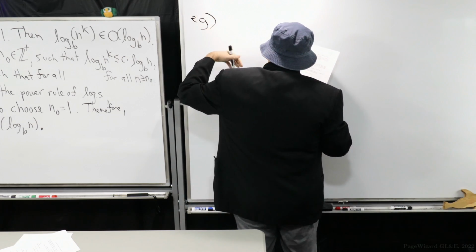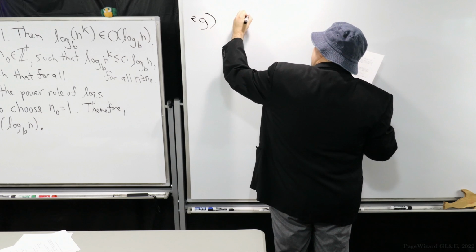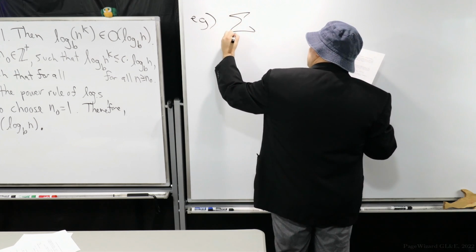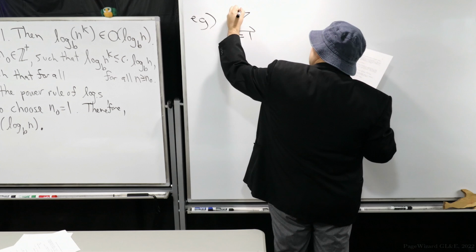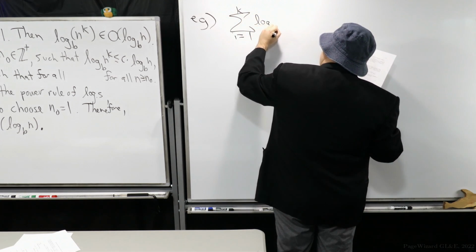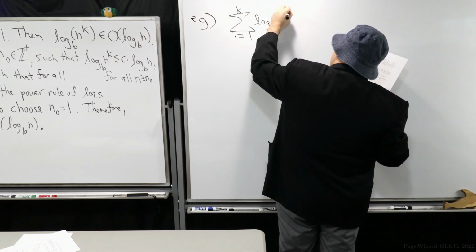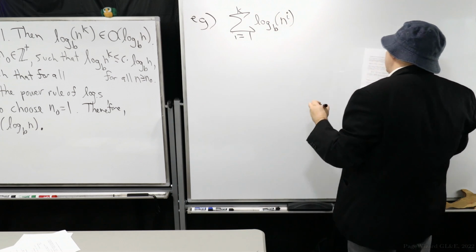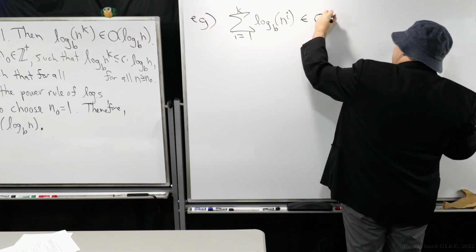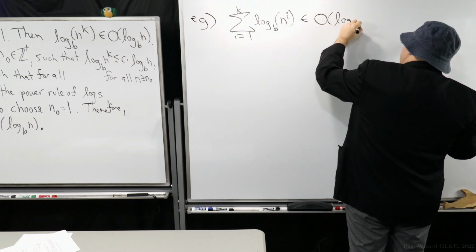Now keep in mind, this is just one way to manifest this. So the claim I'm going to prove here for you is that the sum from i equals 1 to k of (log base b of n) to the power of i is big O of log base b of n.